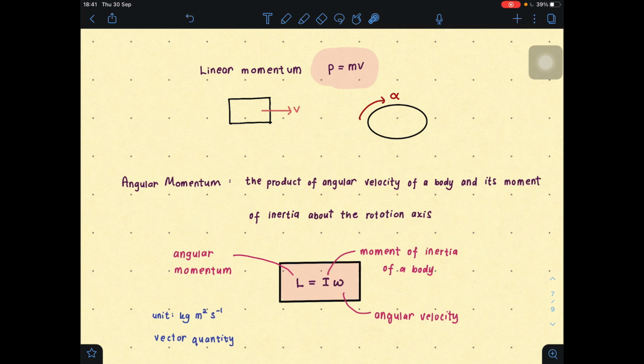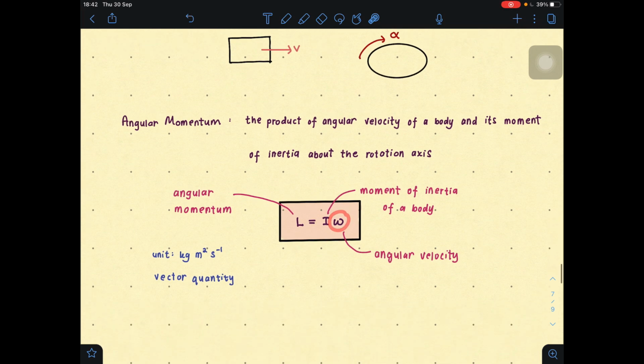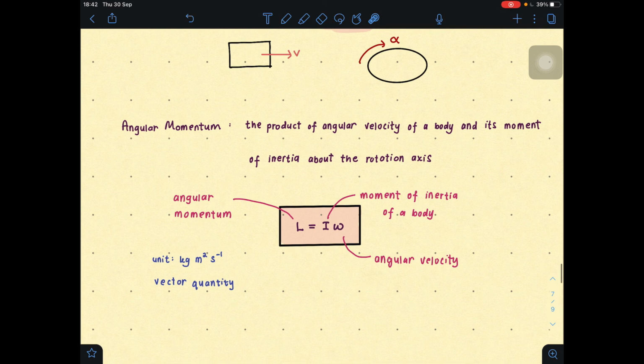Basically, inertia is the equivalent of mass in linear momentum and angular velocity is the equivalent of velocity. The unit for angular momentum is kg meter square per second, and it is a vector quantity, meaning that there will be a direction here.